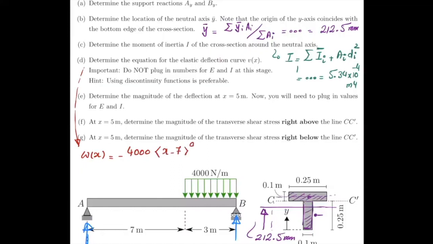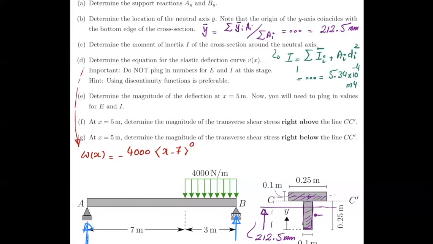So what does it mean? It means that if x is less than 7, that means you are here. The argument here would be less than 0, so that just gives you 0. If x is more than 7, the argument would be a number that is more than 0. A number to power 0, it's just 1. So basically for any point here to here, you get w equals minus 4,000, and for any point from here to here, you get w equals 0. And that's exactly what you want.